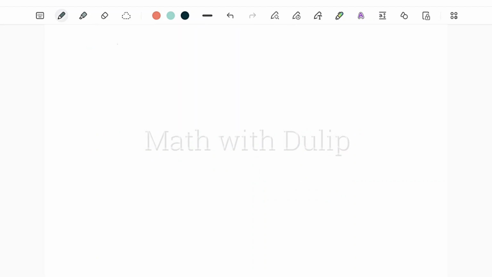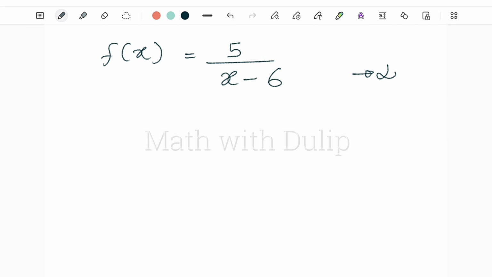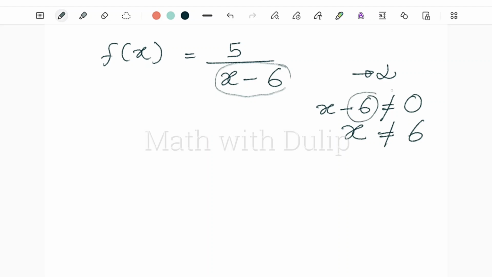Now, we have rational functions like 5 divided by (x - 6). You know any number divided by 0 goes to infinity, right? So if I substitute 6 for x, this part is going to be 0. So I have to say x - 6 is not equal to 0, and x is not equal to 6, because the negative 6 you send to the other side becomes positive 6.